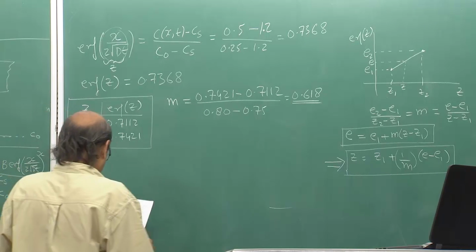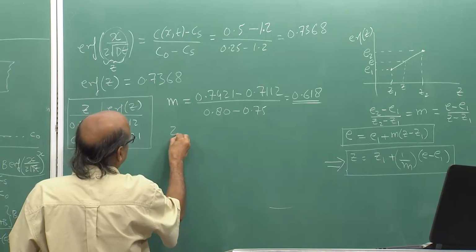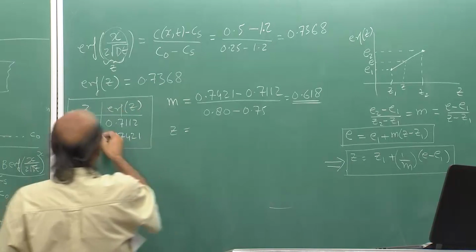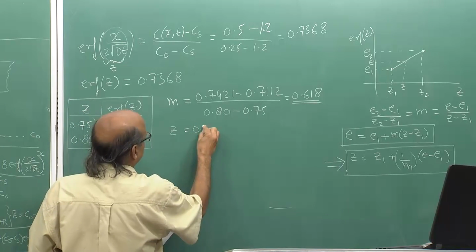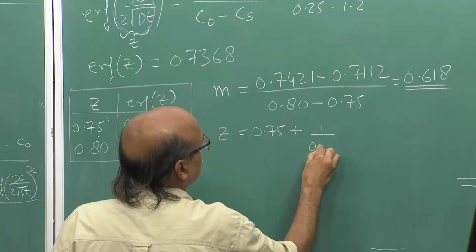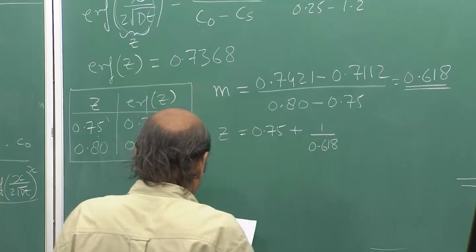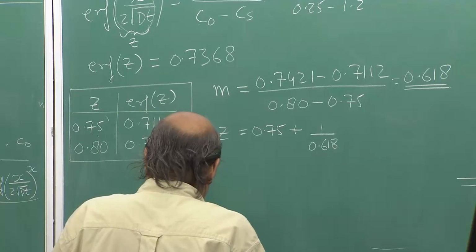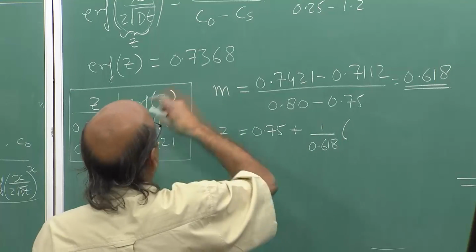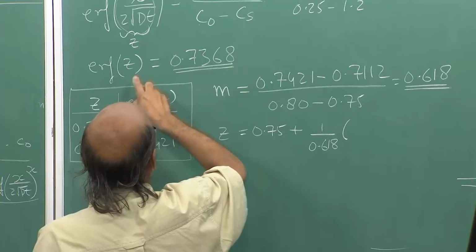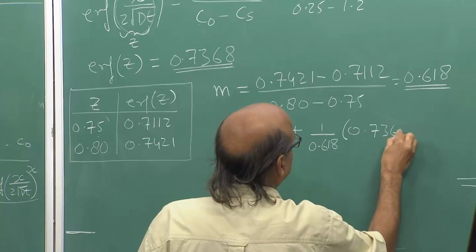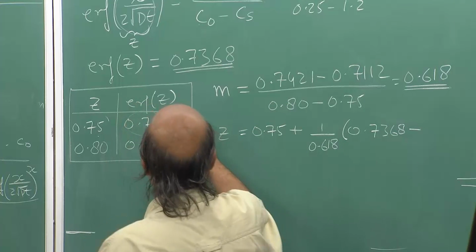From this slope, I can get the z value as Z1, which is 0.75, plus 1 upon the slope, so 1 upon 0.618, multiplied by (E minus E1). So, E is this, the error function for which I want to find z, 0.7368, minus E1, which is 0.7112.